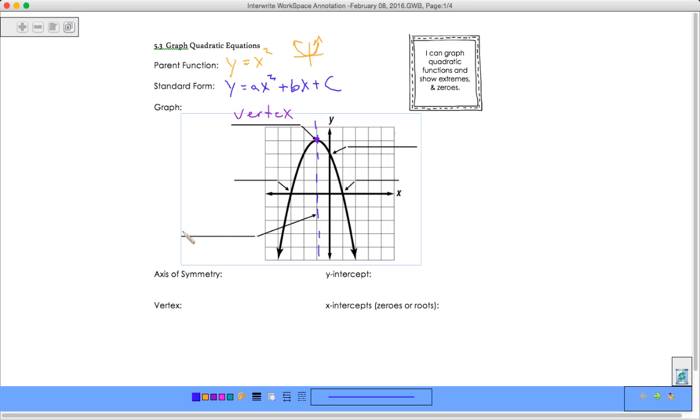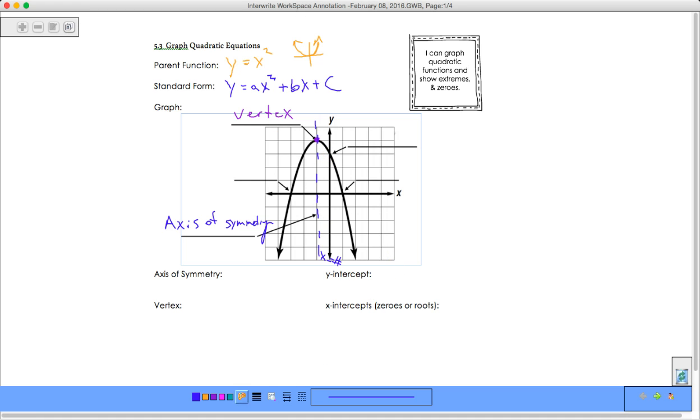We call this the axis of symmetry because it's symmetrical around that line. Remember, vertical lines are x equals just a number. So it'll be x equals whatever number that's going there, which will also be the x value of your vertex.